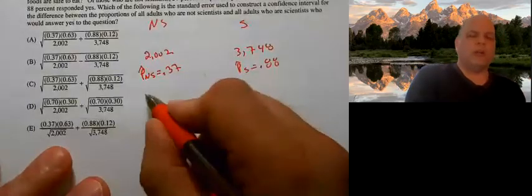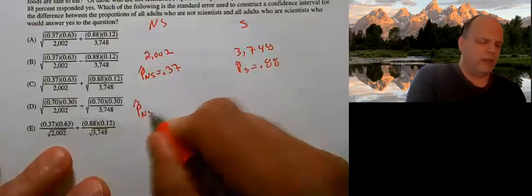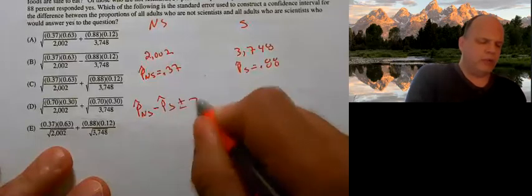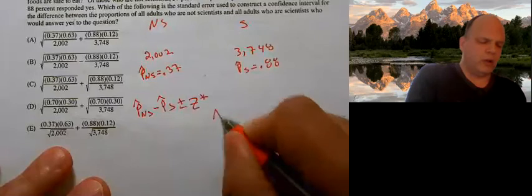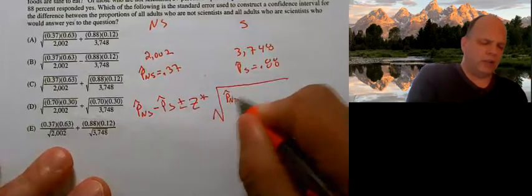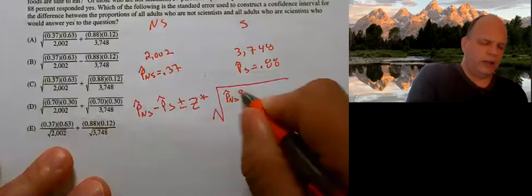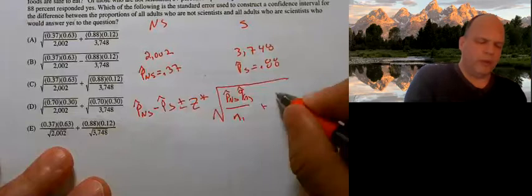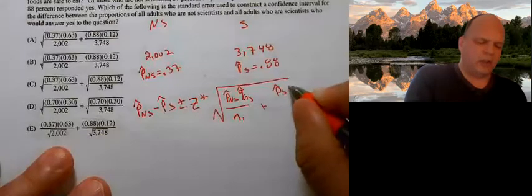Well, remember, the confidence interval formula is going to be something like p-hat not science minus p-hat science, plus or minus z star times the square root of p-hat not science q-hat not science over n1 plus p-hat science q-hat science over n2.